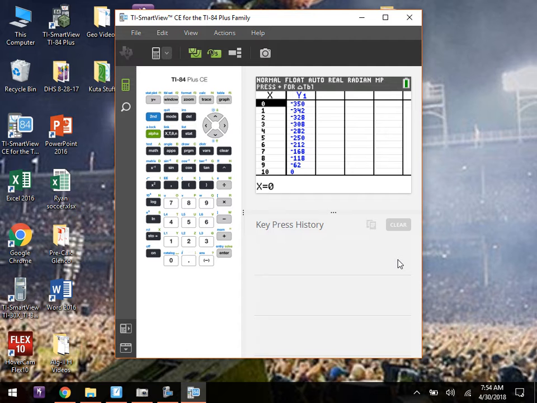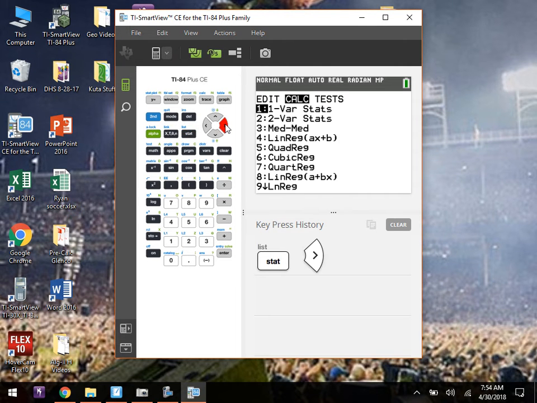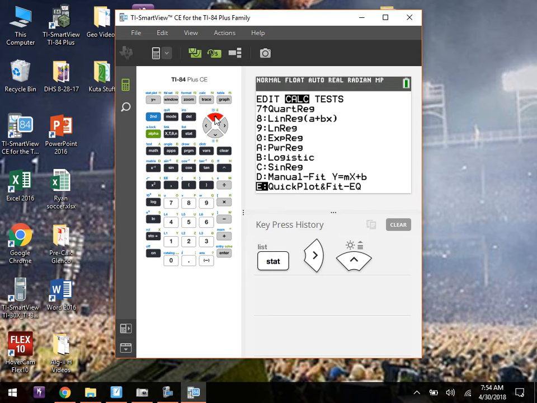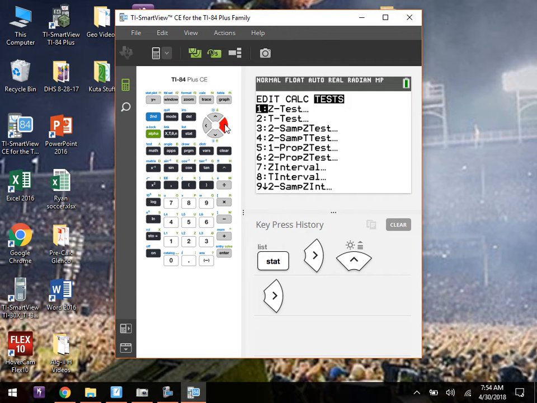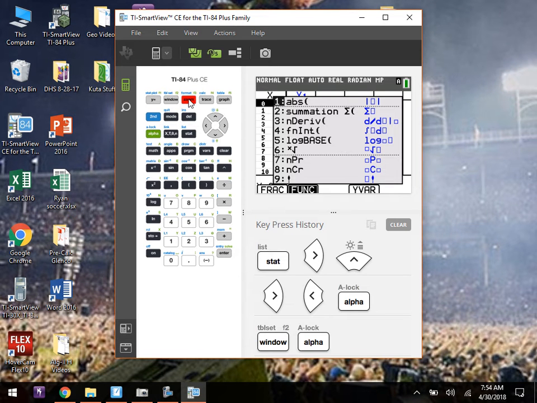So there's a button on here that says stat. It's right under delete, next to the arrows and all that. Oh, there it is, sorry. There's this one where you have your edit, sorts, calculate. Actually, none of those really. Z-test, I don't think we'll do any of those.